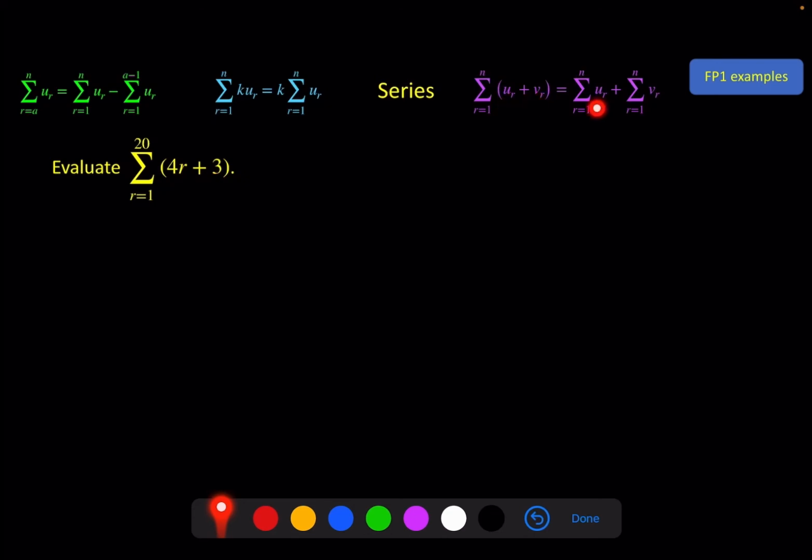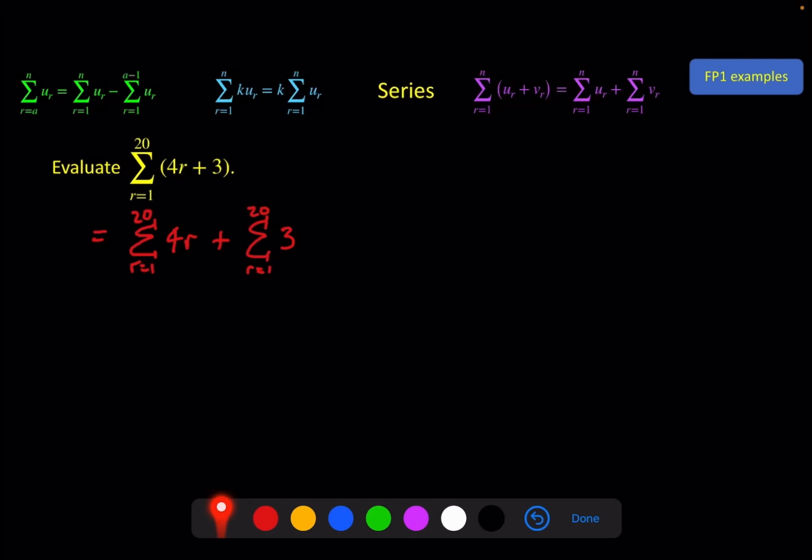So I can split these into two separate summations, a 4r and a 3. So let's split that. We've got r is equal to 1 to 20. We're not changing that here. We're just doing a 4r and then plus r equals 1 to 20. That stays the same. 3. So I've just put the two terms in two separate summations.